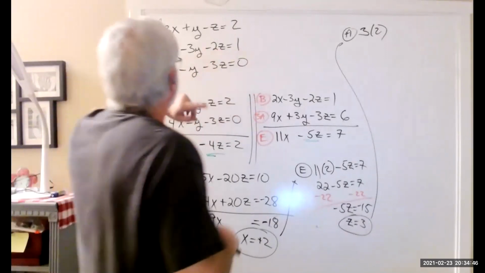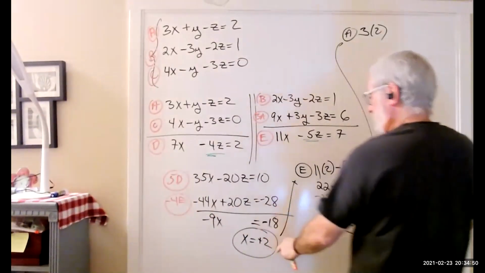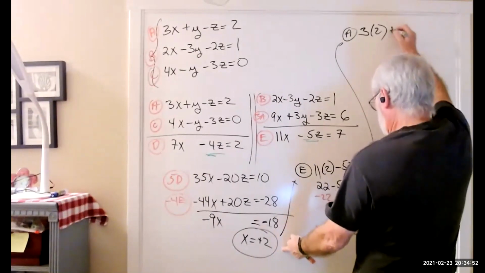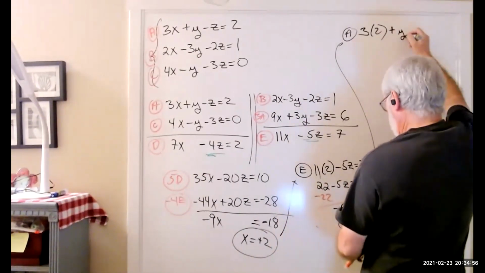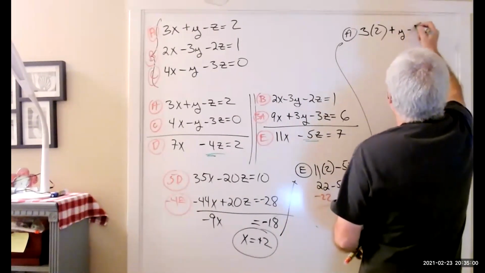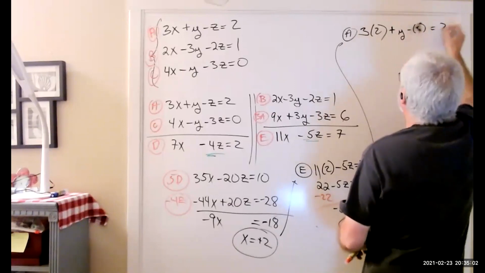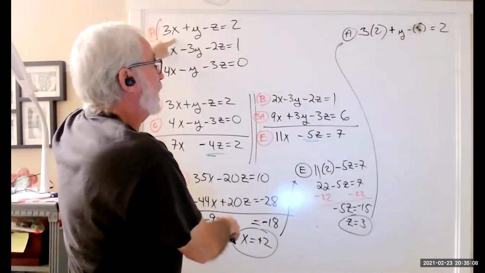Okay, so I'm going to finish this thing off. So 3 times 2 is x.